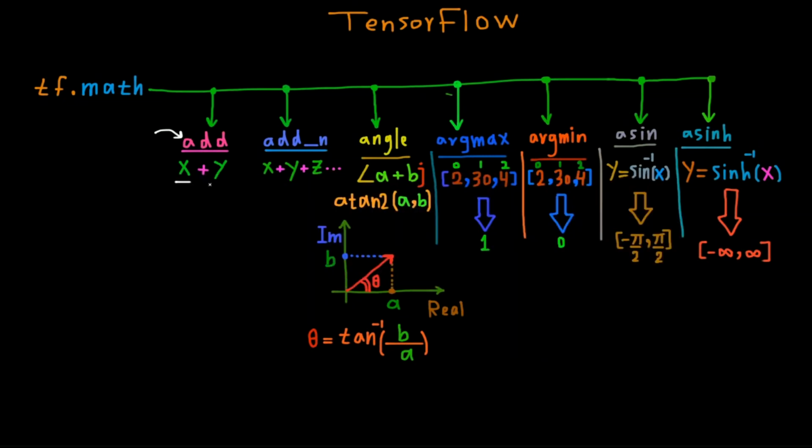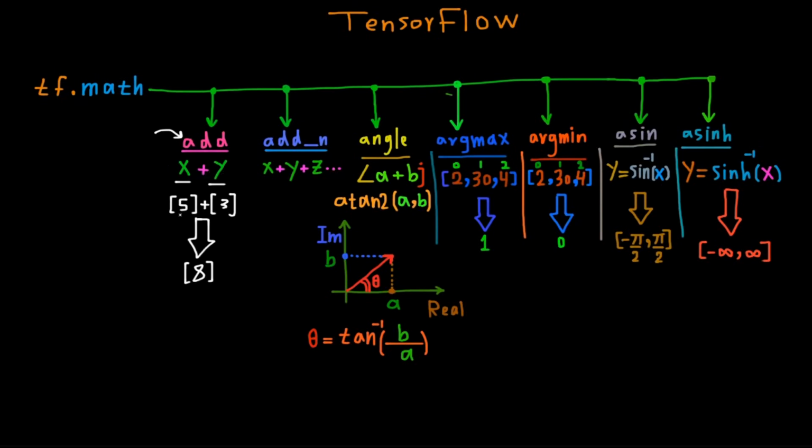And the second argument in add function is y, which is a tensor that must have the same type as x. And as you can see here, this function will add each element in tensor x with the corresponding one in tensor y.